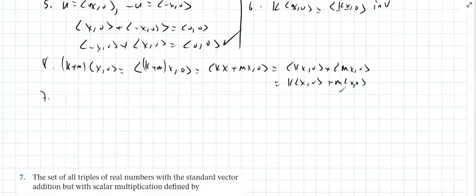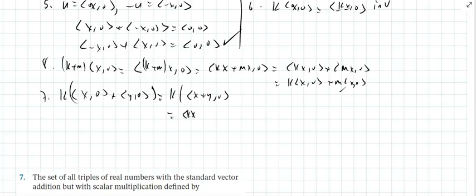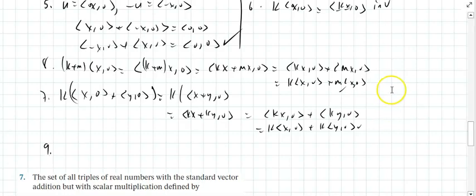Call that 7: k times (x0 plus y0) is going to be k times, and in this case the addition is x0 plus y0, and we could say that is kx0 plus ky0, and by traditional addition, that is k times x0 plus k times y0. So that holds.